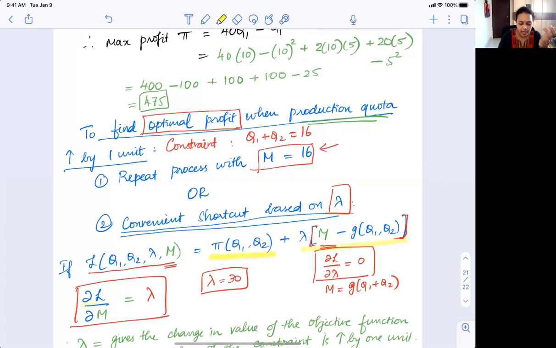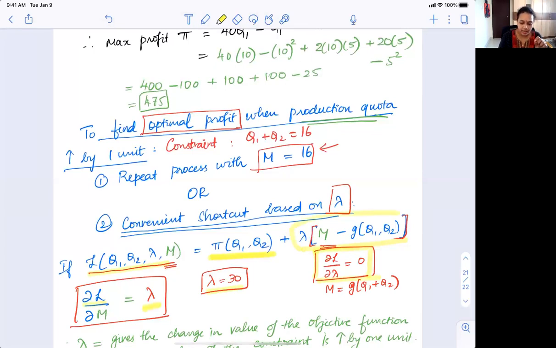So when I say dou L by dou M is lambda, if M increases by 1 unit, my objective function increases by lambda. It is not just the Lagrangian function which increases, but also your profit function which will increase by lambda. And how does Lagrangian become just the profit function? Because one of the optimality conditions is that dou L by dou lambda is 0, which ensures that your budget constraint is fully met.